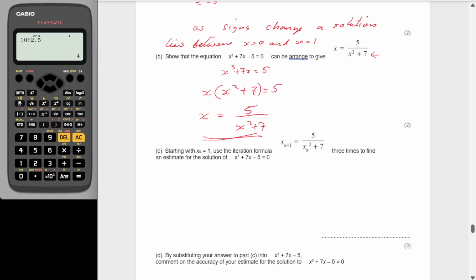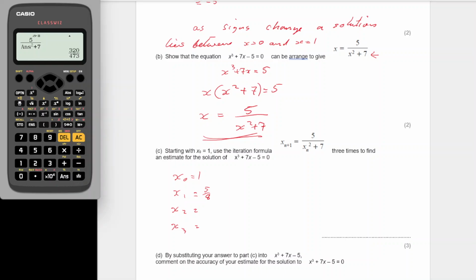Right, start with the iteration, x0 is 1. Use it 3 times, so once, twice, 3 times. Okay, so the way I would do this is I would put 1 into my calculator. So 1 equals, so 1 is now my answer, and I want to do a fraction with 5 as my numerator and my answer squared plus 7 as my denominator. So my first value would be 5 over 8.